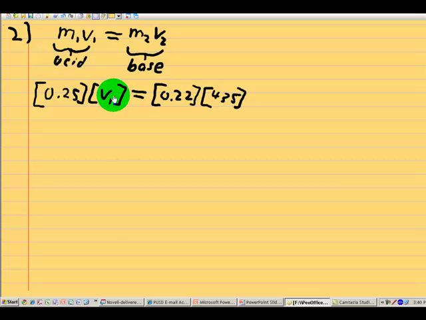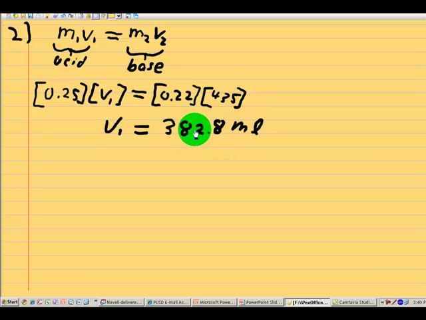or a pH of 7. So when you do this, you simply crunch your numbers, and the volume is going to be 382.8 milliliters.